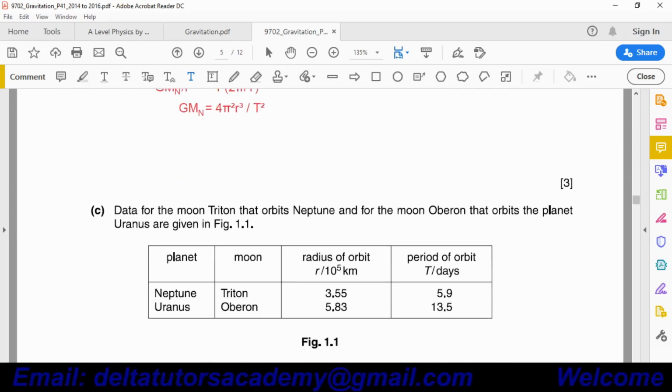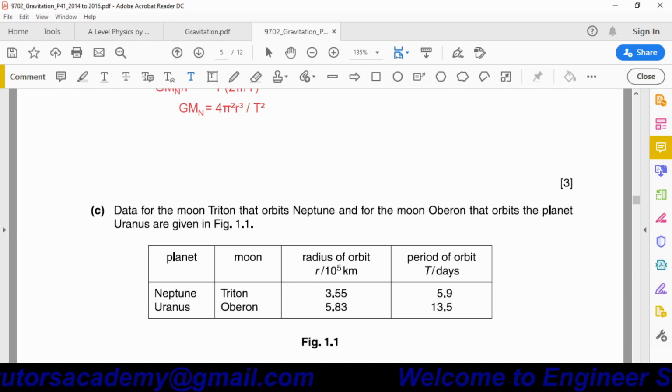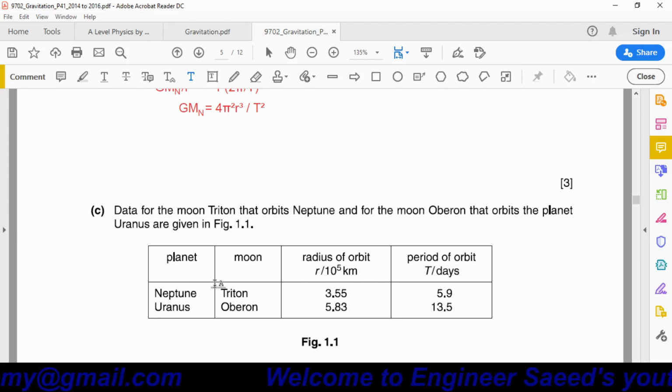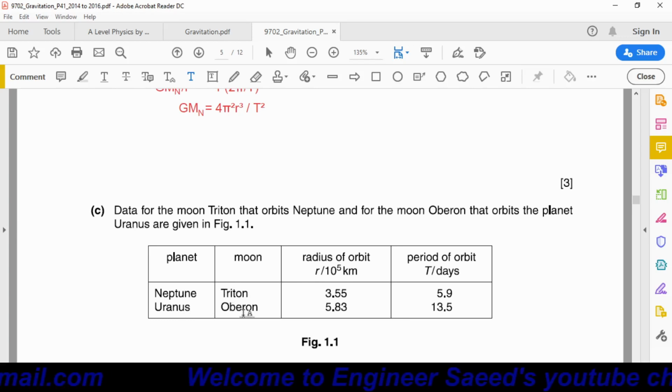Okay, next part C. Data for the moon Triton that orbits Neptune, and for the moon Oberon that orbits the planet Uranus, are given in figure 1.1. We have two planets, Neptune and Uranus, and the moon of Neptune is Triton, the moon of Uranus is Oberon.